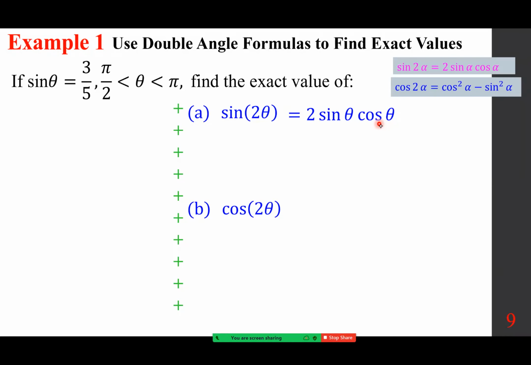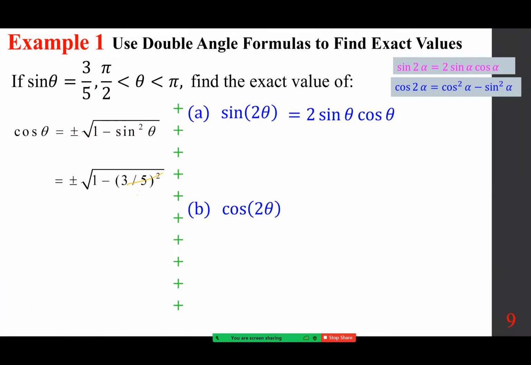So we use the identity sine squared plus cosine squared is 1. Therefore, cosine is plus minus the square root of 1 minus sine squared. We plug in the sine is 3/5. When we square it, we get 9/25.